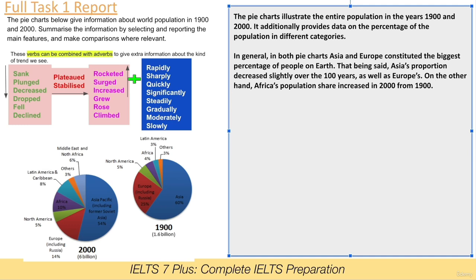Okay, so let's read this back. In general, in both pie charts, Asia and Europe constituted the biggest percentage of people on Earth. That being said, Asia's proportion decreased slightly over the 100 years, as well as Europe's. On the other hand, Africa's population share increased in 2000 from 1900.